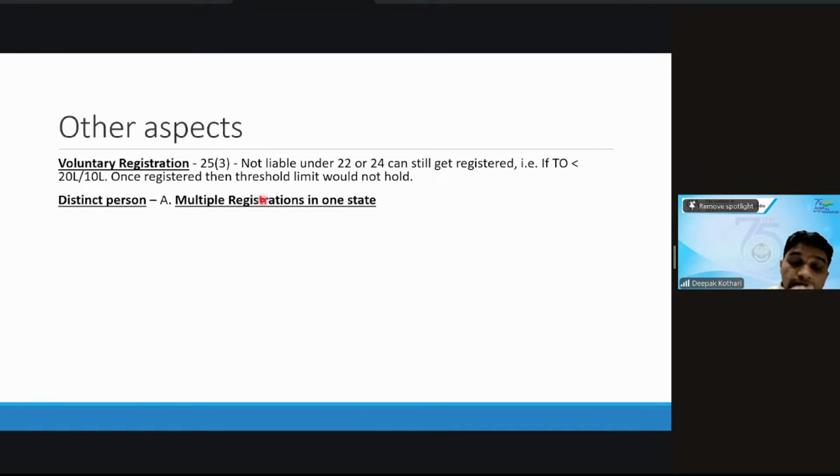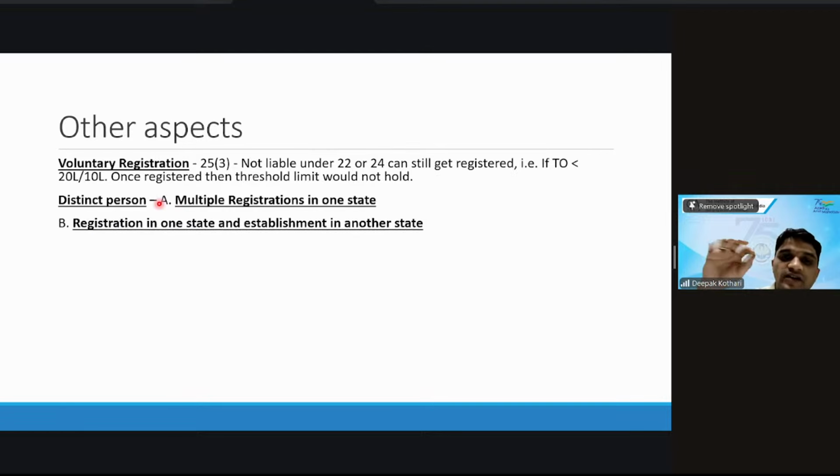Okay? Then the concept of distinct person, very important. When you have multiple registrations in one state, like I said, additional place of business, principal place of business, then that is one registration. But if you have separate registrations for separate states, separate registrations for separate branches, within one state you have multiple branches and you have taken registration for all, then each of these are called distinct persons.